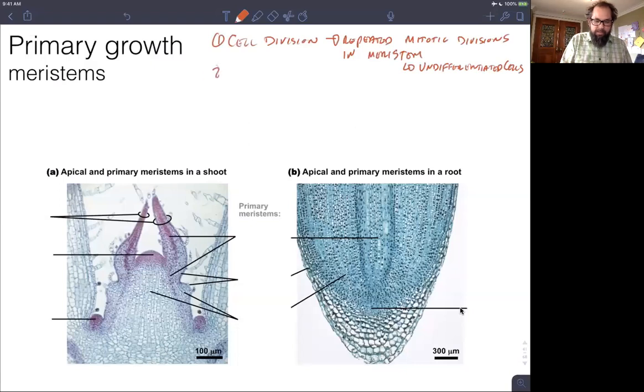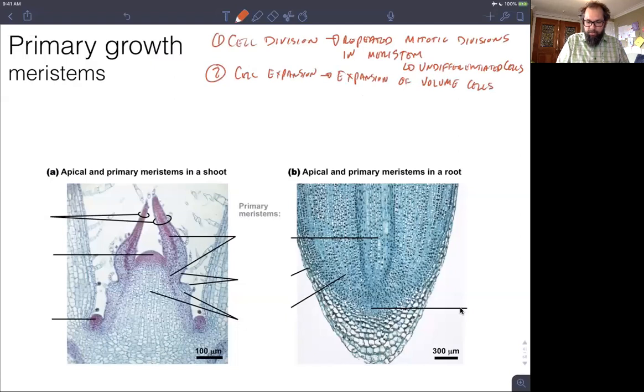The second process that's responsible for plant growth is actually cell expansion. So cell expansion is growth, expansion of the cell, specifically with respect to the volume of the cell. So expansion of the volume of the cells.